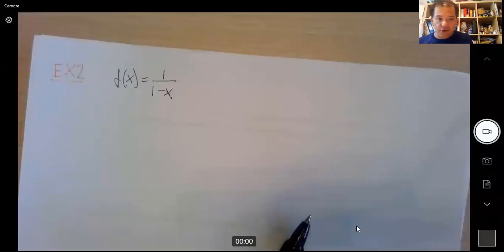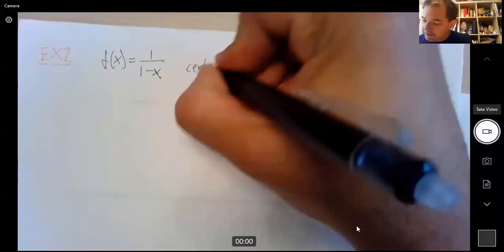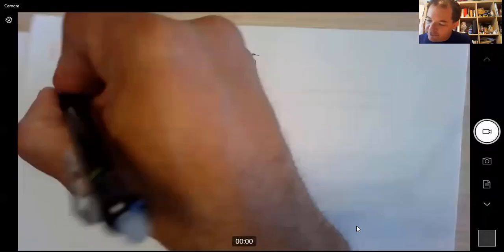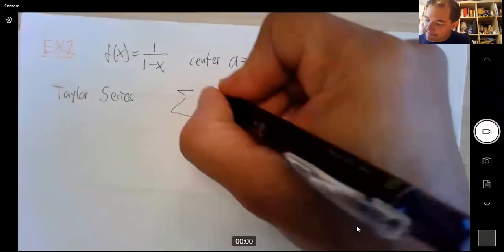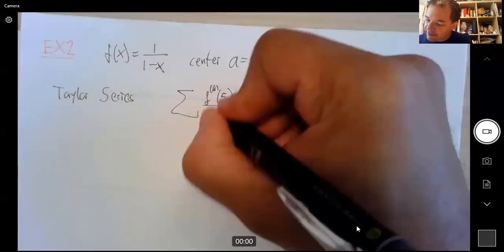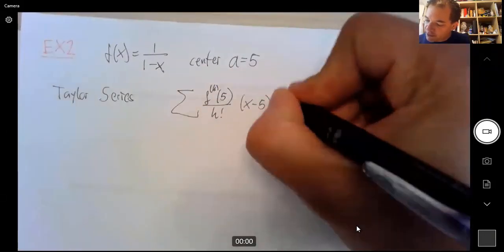It's the same function, but now the center is 5. All right? So let's figure out what is the Taylor series. Here is the formula for the Taylor series. We know it's just like the Taylor polynomial, but now we gotta plug in 5, and it will be x minus 5 to the power k.